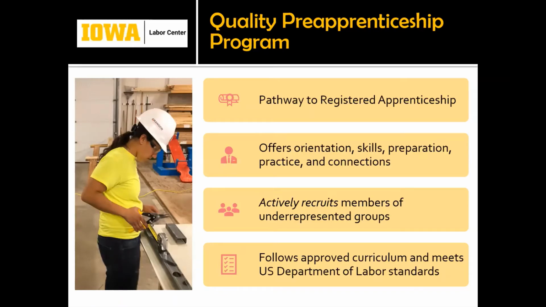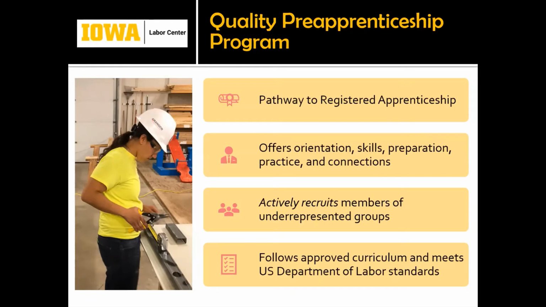There are 5 groups that are the focus of the DOL's Quality Pre-Apprenticeship Program. Those are youth ages 16 to 24, women, people of color, people with disabilities, and veterans. So those are the 5 groups that we're trying actively to recruit.